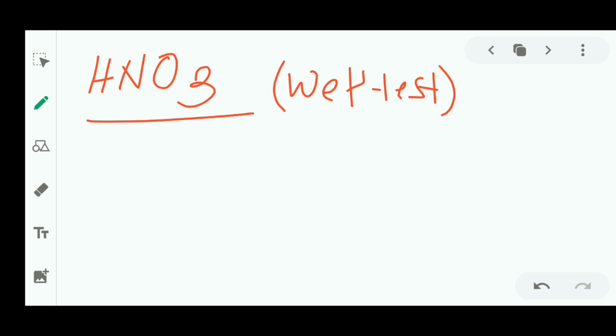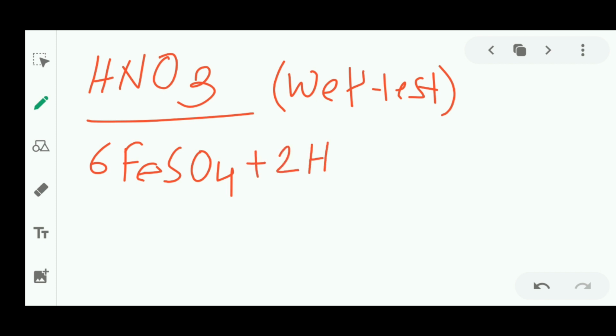So at first you add ferrous sulfate to the acid, that is nitric acid. So the unknown acid here is nitric acid. So what will be the equation? 6 FeSO4 plus 2HNO3.